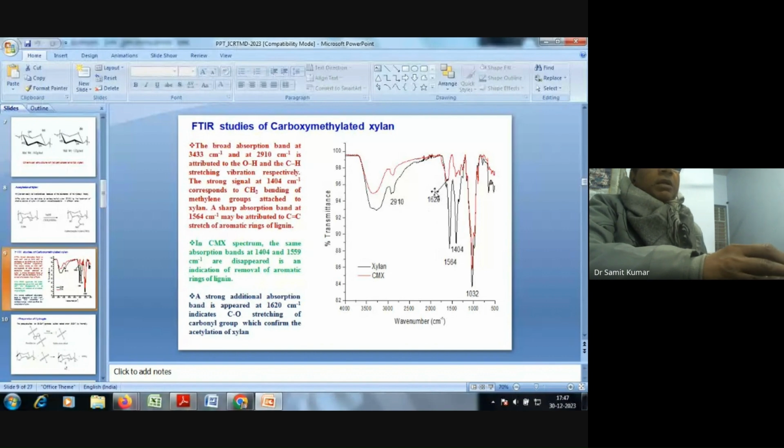Here the carbonyl group actually has 1700 centimeter inverse frequency, but delocalization of electrons takes place, and that's why a lower frequency or wave number is obtained. This confirms the carboxymethylation of Xylan to form carboxymethyl Xylan.